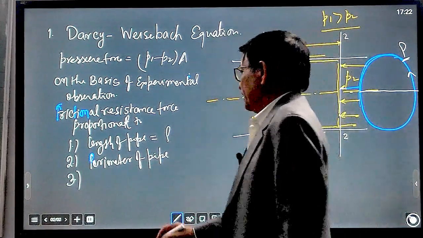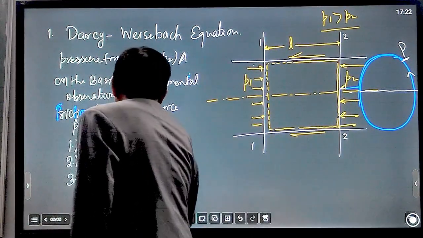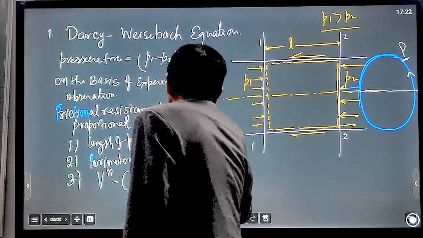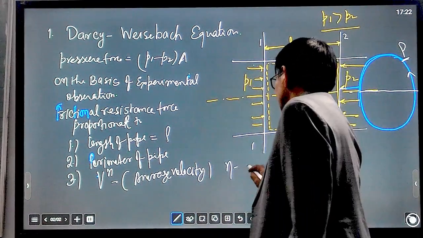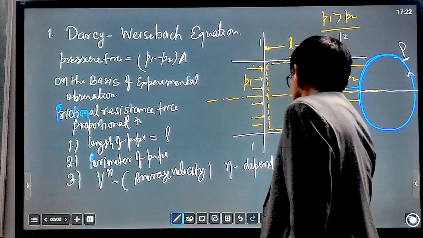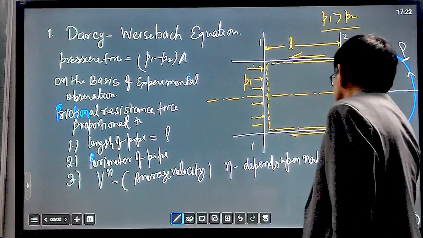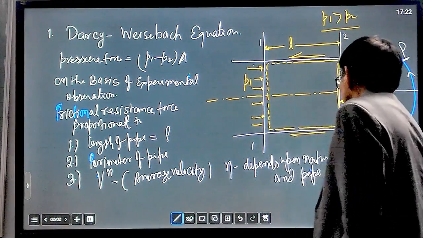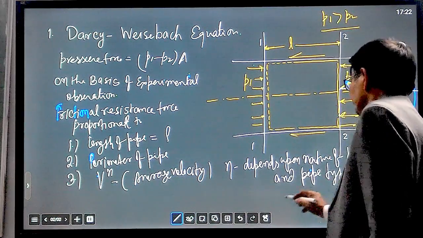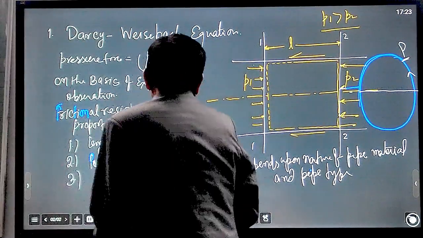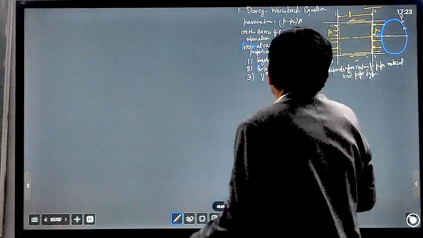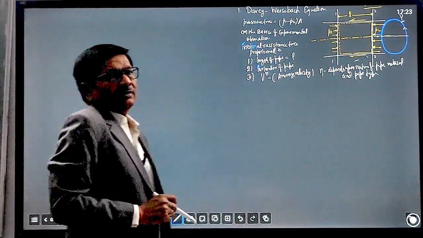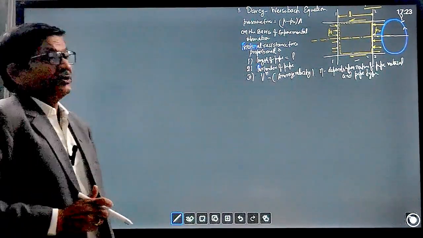Number three, V to the power n. Here V is the average velocity of fluid flow through the pipe, and n depends upon the nature of pipe material and pipe type, for turbulent flow. So we have taken all three parameters on which frictional resistance force depends.